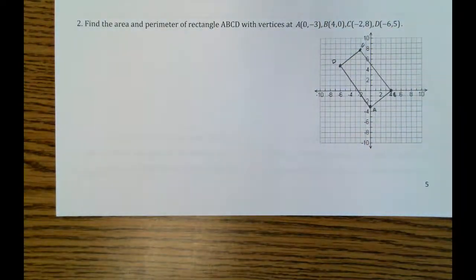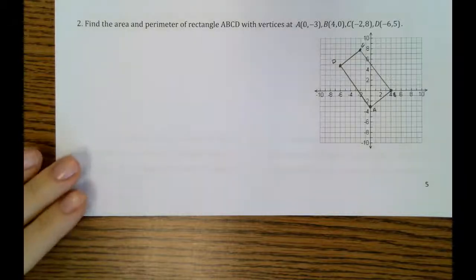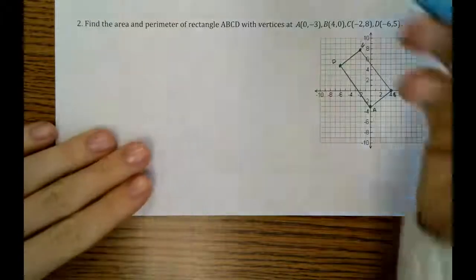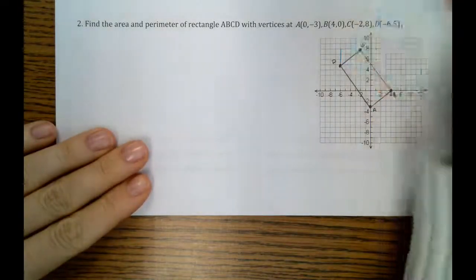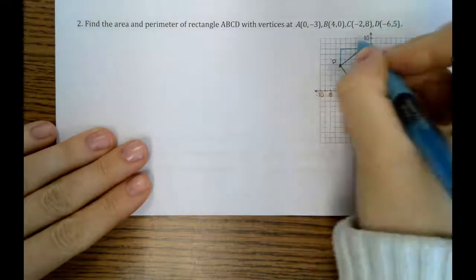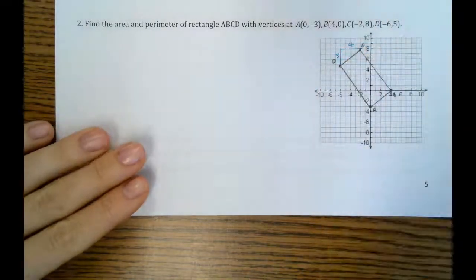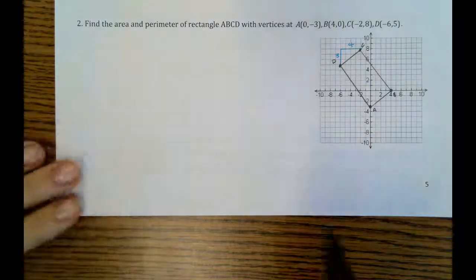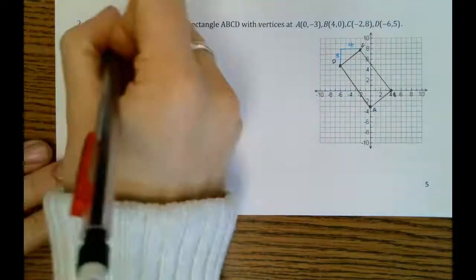Okay, so now that we have our figure, we can go ahead and draw our triangles. And so there we have 4 and 3. So to find that other side, that'll be our hypotenuse.